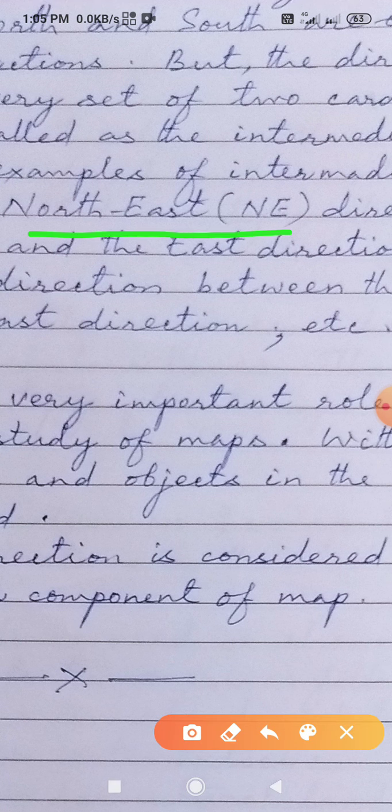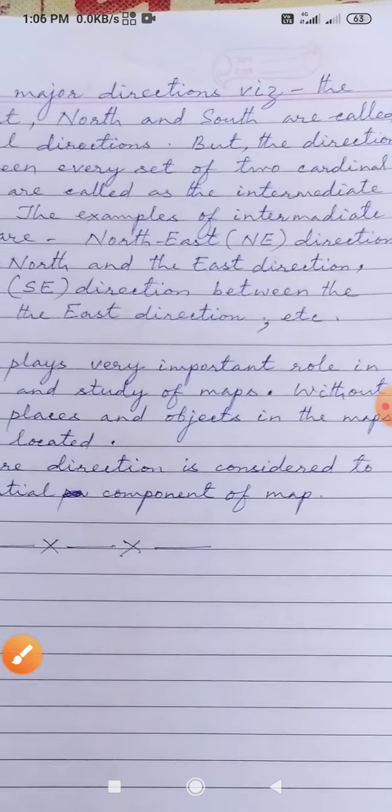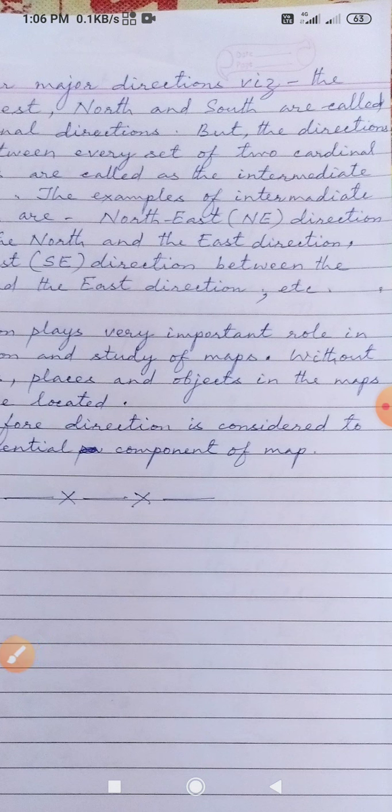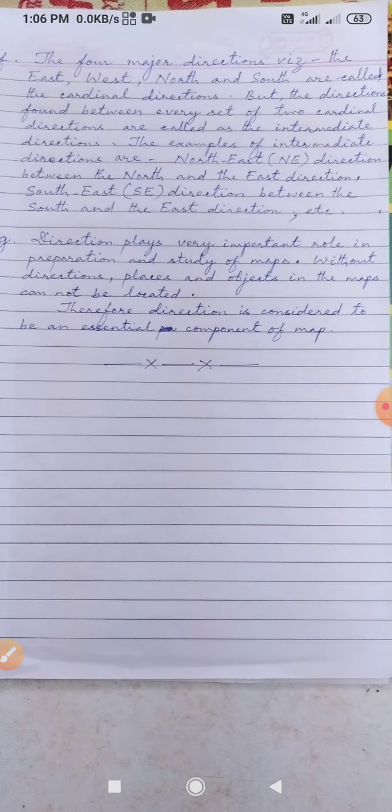You see here northeast or NE direction is between the north and the east direction. Then I have given a comma and written southeast or SE direction, between the south and the east direction, etc.